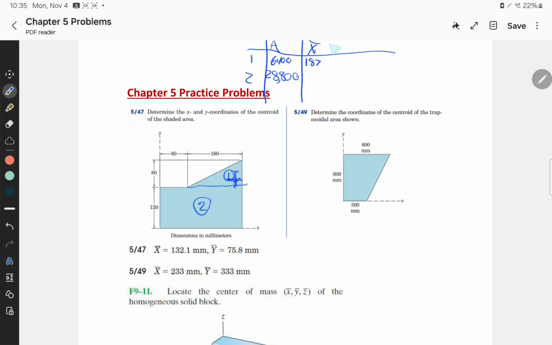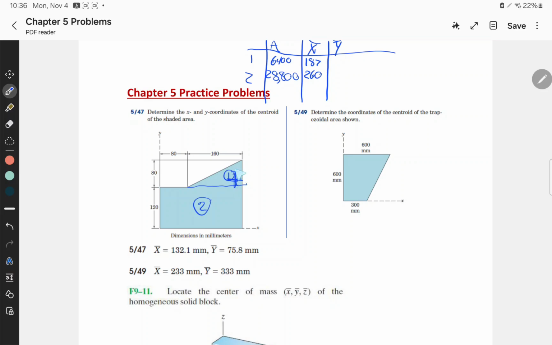And then for our y component, let's do it for this one first. It's going to be divided by 2, because we're trying to find the middle, 260. Then for the triangle's y component, it's going to be 80 divided by 3, and then you add this to it because it's from the origin.